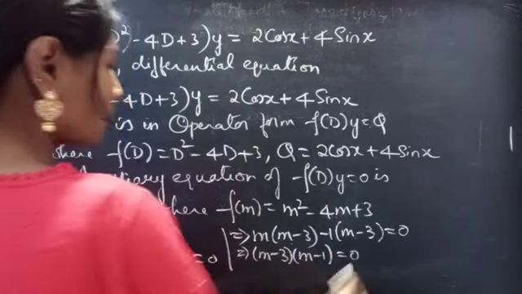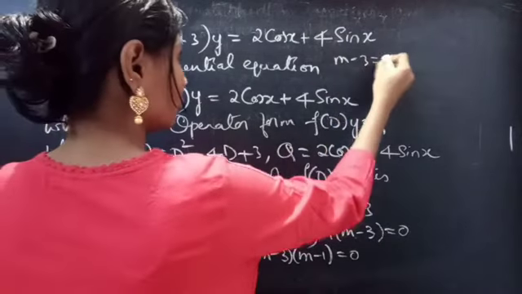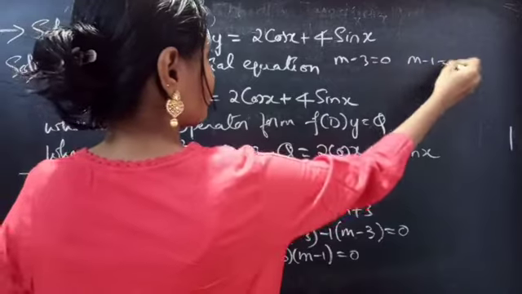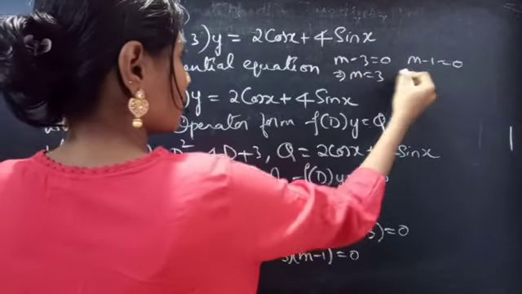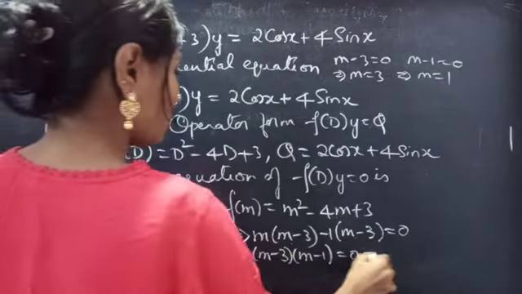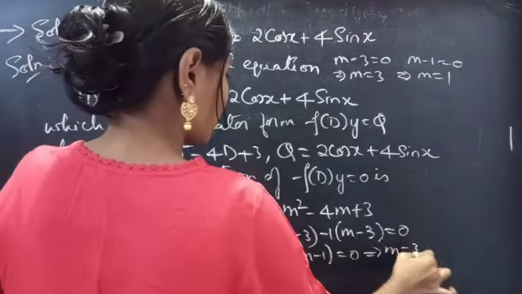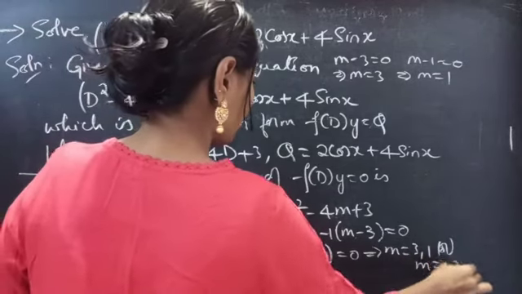Now equate each factor to 0. From m − 3 = 0, we'll get m = 3. From m − 1 = 0, we'll get m = 1. Then m = 3, 1, or m = 1 and 3.